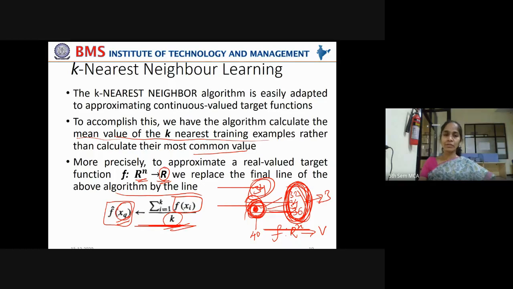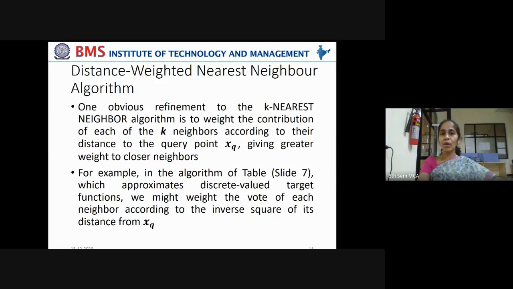So that will be the predicted value of the new instance xq. Did you understand now? Now, one obvious refinement to the k nearest neighbor algorithm is to weight the contribution of each of the k neighbors according to their distance to the query point xq, giving greater weight to closer neighbors. So one extra feature we can add to this k nearest neighbor is a weight contribution.